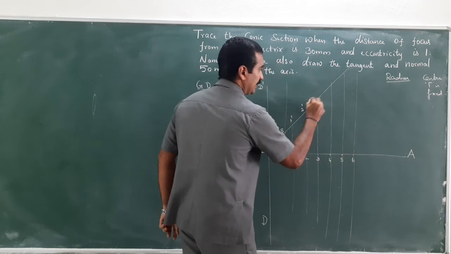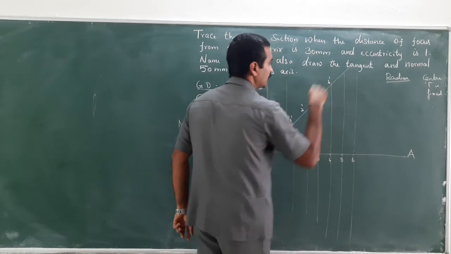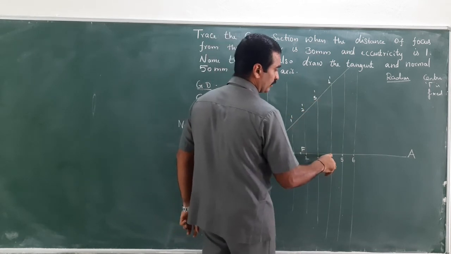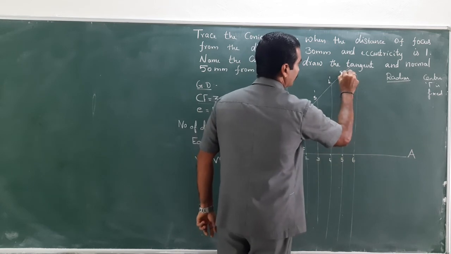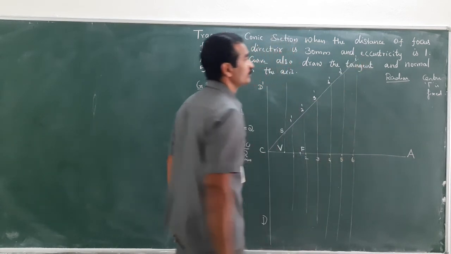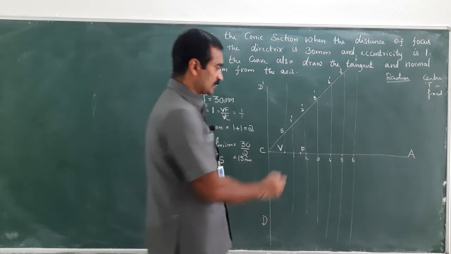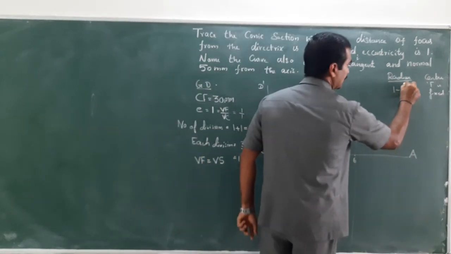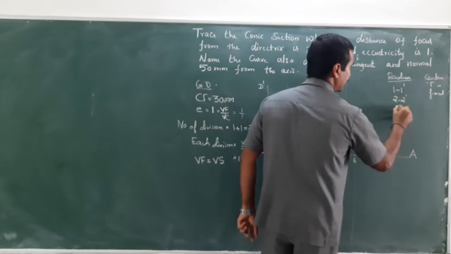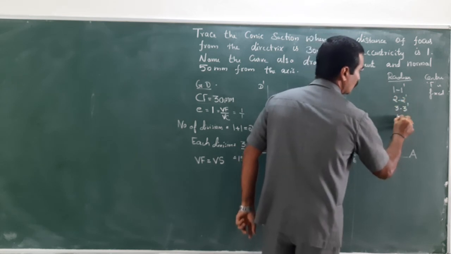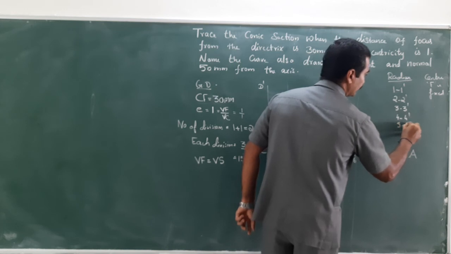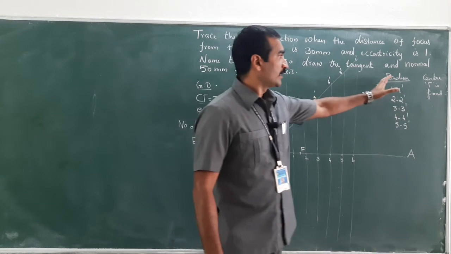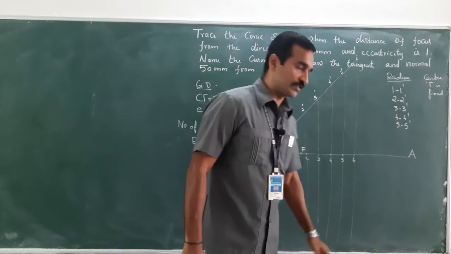Let me give the naming here with dash: 1 dash, 2 dash, 3 dash from the corresponding points 1, 2, 3, 4. So now the radius: 1 dash is radius, 2 dash is radius, 3 dash is radius, 4 dash is radius, 5 dash is radius. So here the radius varies, center F is fixed.